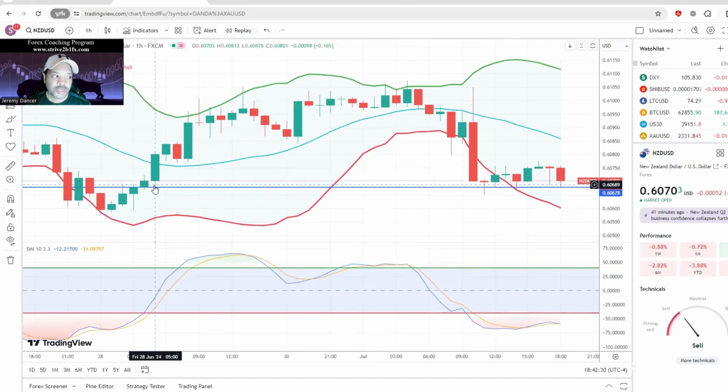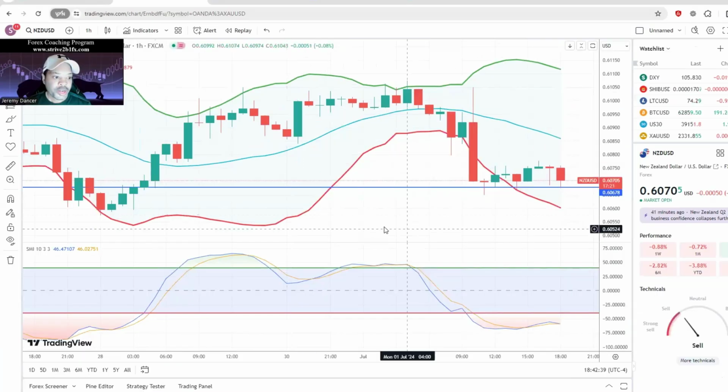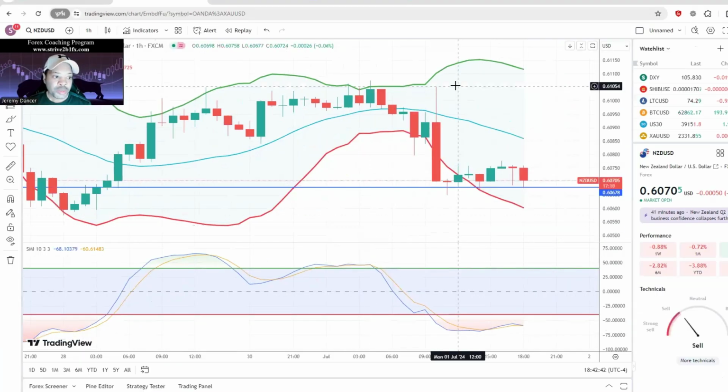So this is a good indication that the buyers tend to come in and take control at this area. We do have a supply zone right here between 69.20 and 61.56. So that's something to be concerned about.